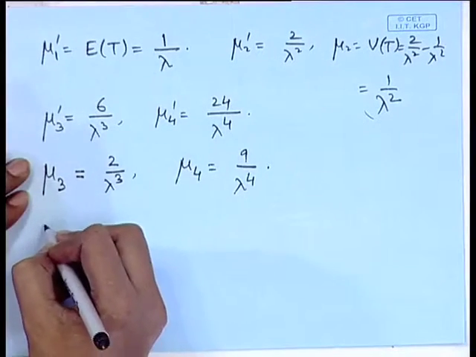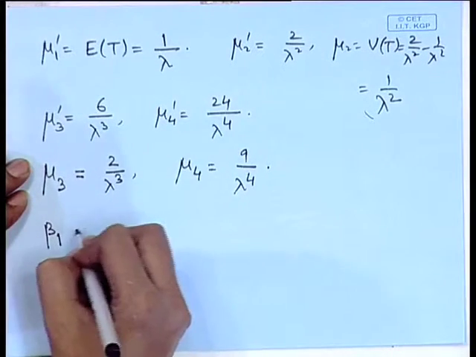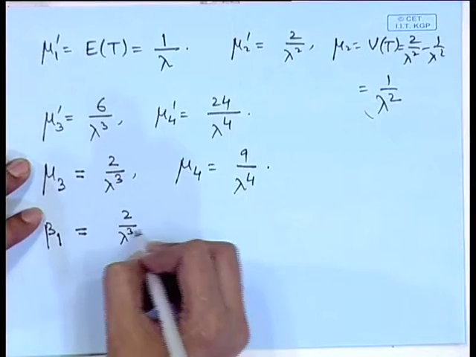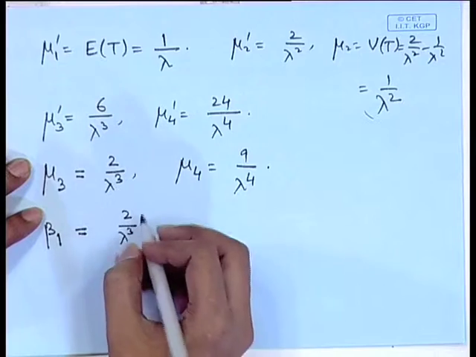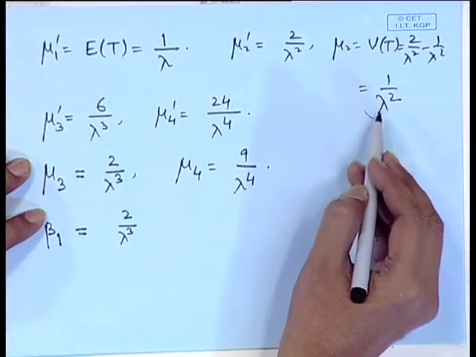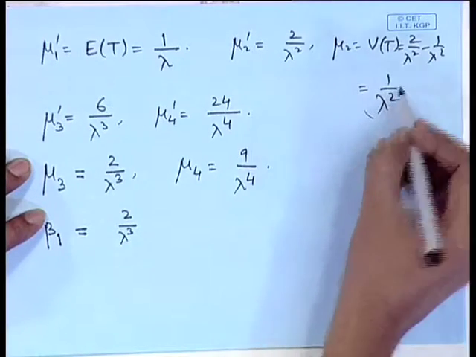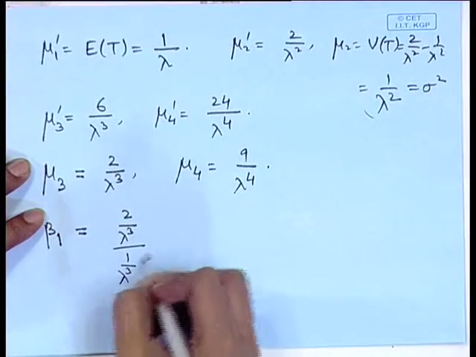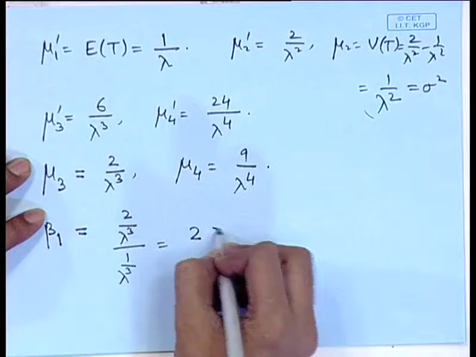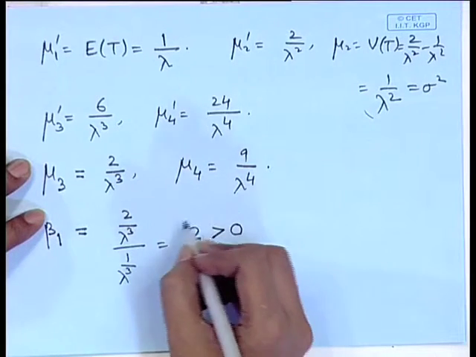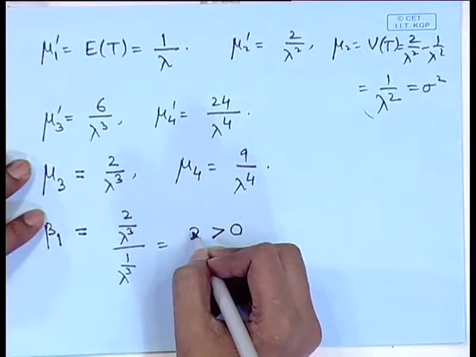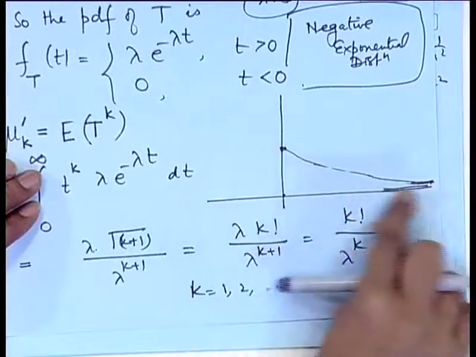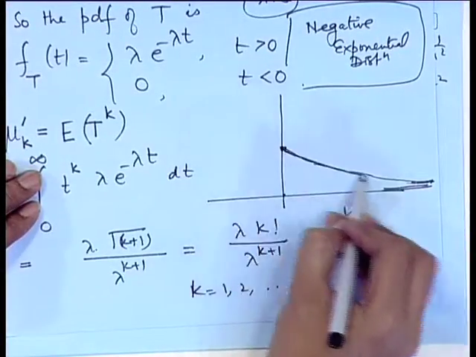From here we can calculate the measures of skewness and kurtosis. So, beta 1 is equal to mu 3 divided by sigma cube, that is 2 by lambda cube divided by 1 by lambda cube, that is equal to 2, which is always positive. That means, no matter what the value of lambda is, the exponential distribution is always positively skewed. This you can see from the shape of the distribution also.